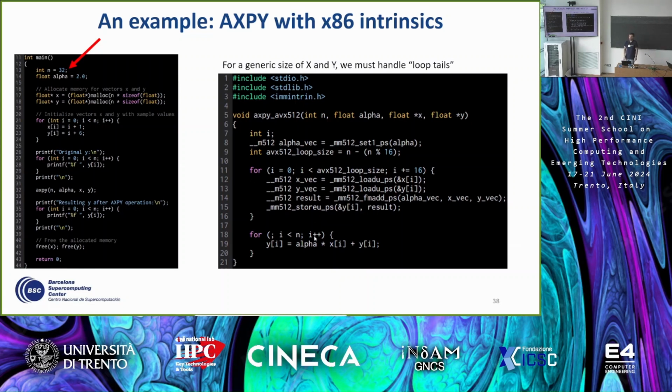Any other comments on this code? Yes, but if I have to operate on 3 elements, it's always like that, right? But it's true. We can do an even more complex implementation in which we check if what is left over is 4.